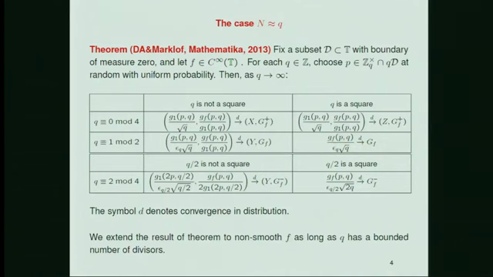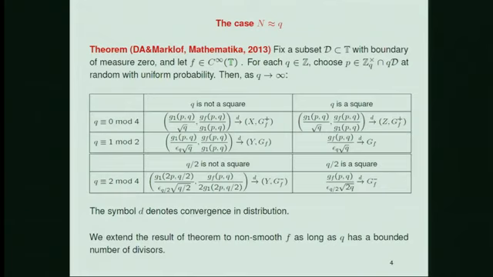So in the last year, we had a contribution on this subject. We studied the case when n is approximately q. This is our theorem, with myself and my supervisor Jens Marklof, which is now accepted and is going to appear this year, in 2023, in Mathematika.